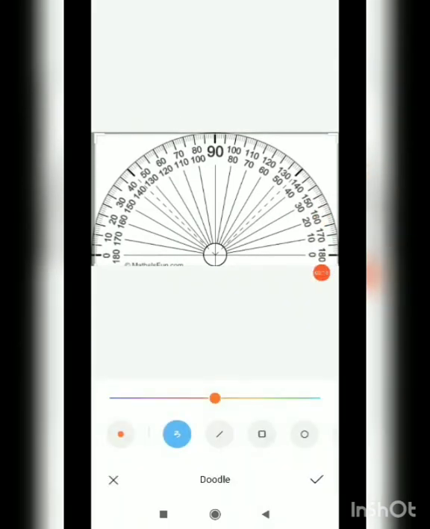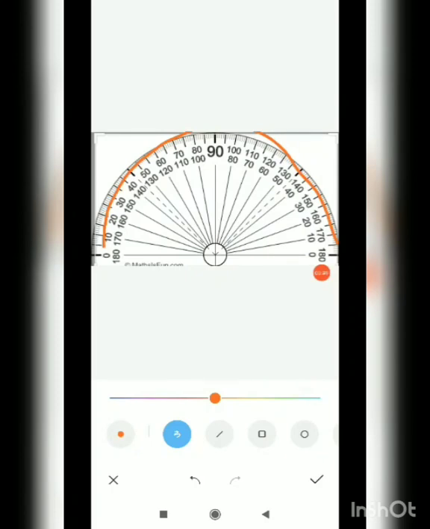Some main points about this protractor are: it has readings from both sides. Means you can see here it is starting from 0, 10, 20, 30, 40, like this. Means the outer edge of this protractor is starting from the left hand side and ending on the right hand side. Means it is going from 0 to 180, left to right.